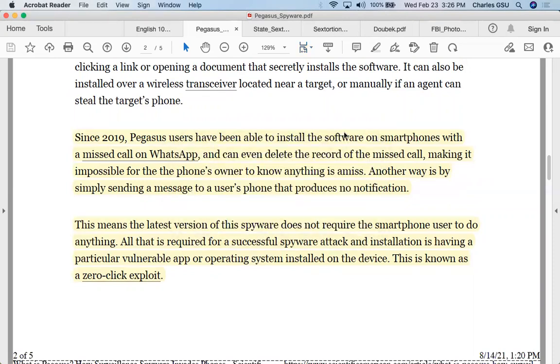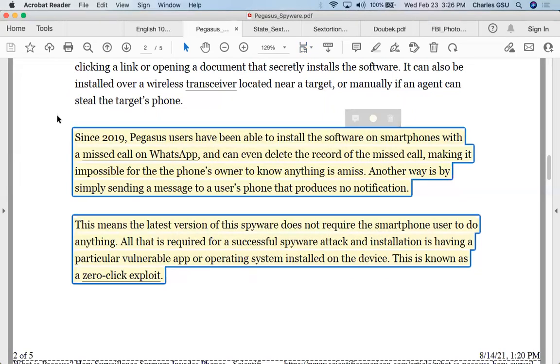Since 2019, so fairly recently, Pegasus users, and the users are not us, but they are countries or states, governments around the globe that have bought this spying surveillance program from NSO Group in Israel.